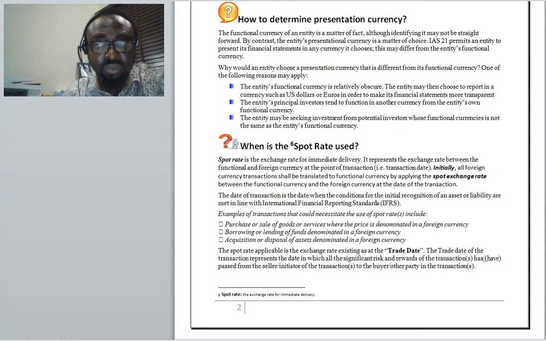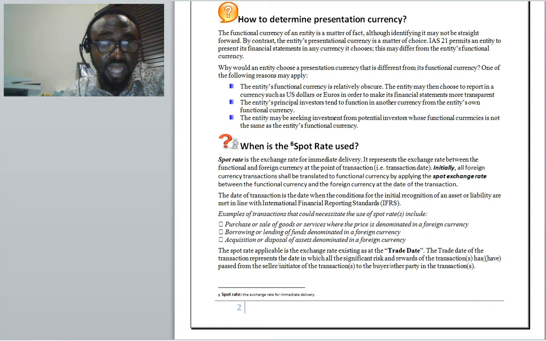Okay, as we move on, we'll be looking at another question that more or less begs for an answer: when is the spot rate used? Recall that we said spot rate is the rate of exchange between two currencies that is available for immediate delivery, which can be bought or sold at that spot.